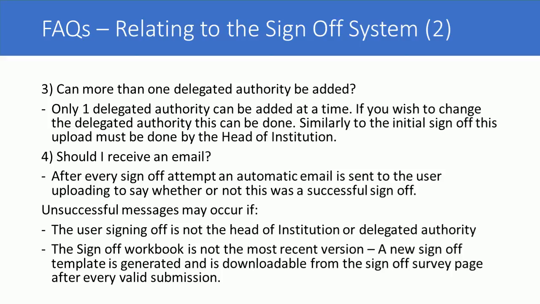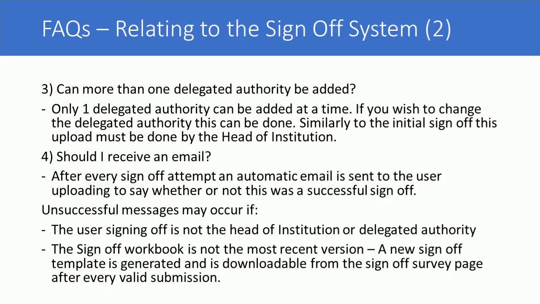So another question, should I receive an email, and what does this mean? So after every sign-off attempt, our system generates an automatic email. This will include a message specifying whether you've been successful or unsuccessful.